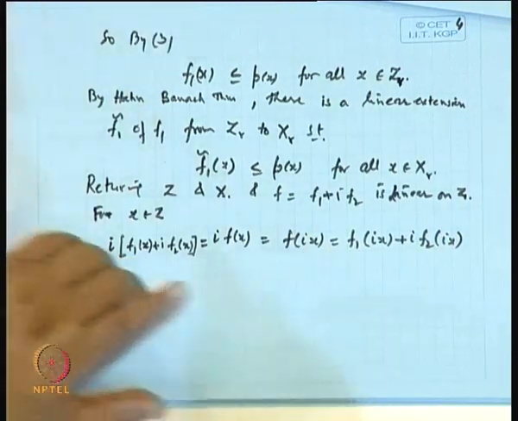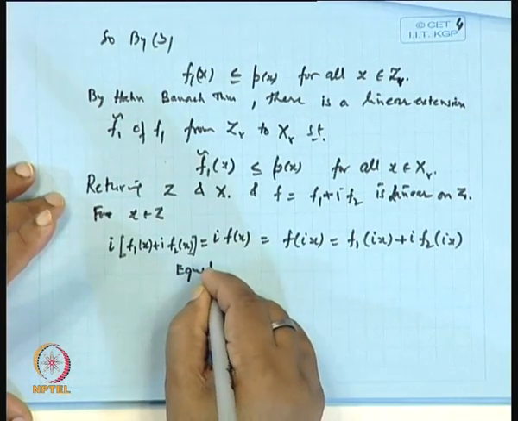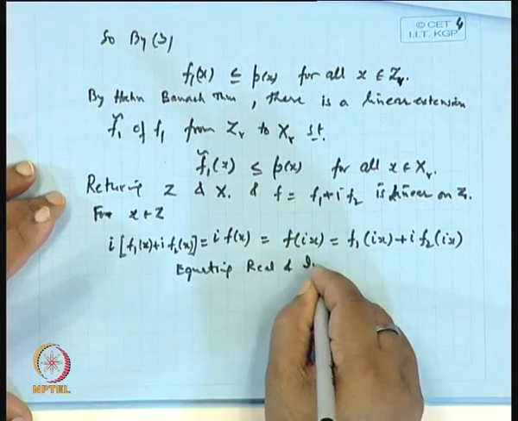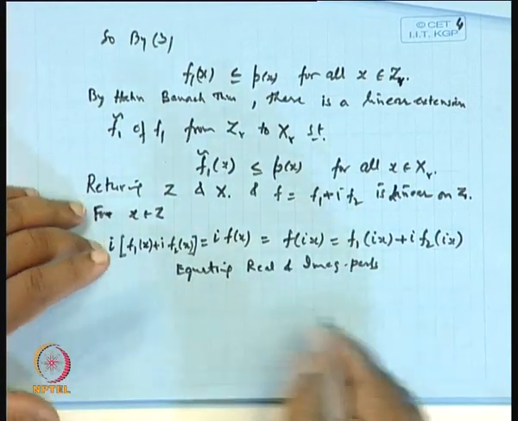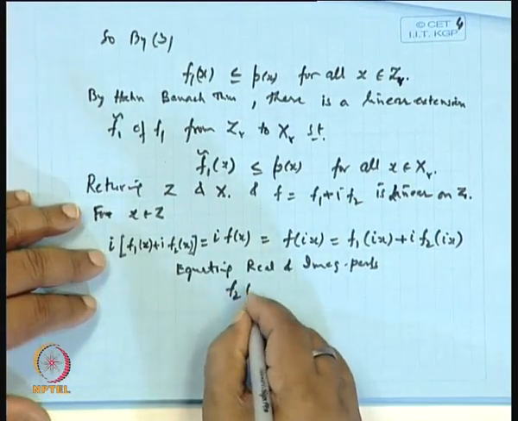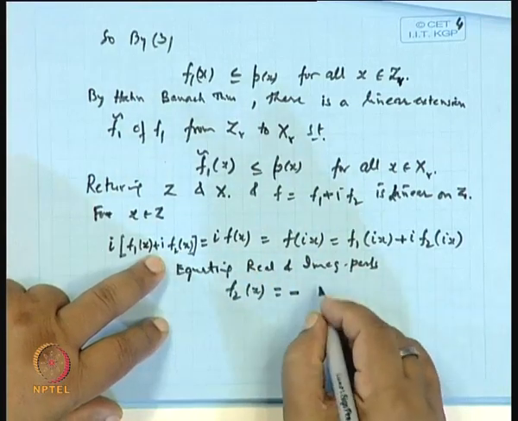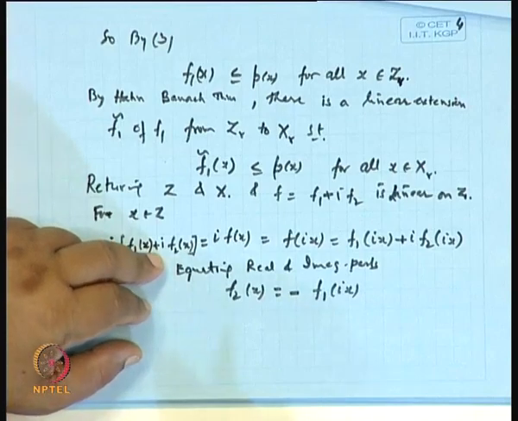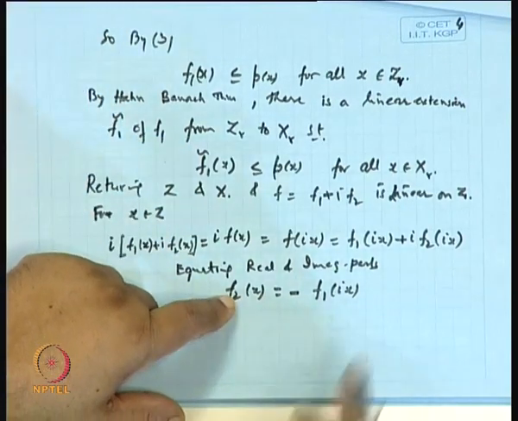Is it not? Therefore, equating the real and imaginary parts, what we get from here is f2(x), the real part of this, is minus f1(ix). Is it not? So, f1 we have got, and f2 also we get in terms of f1.